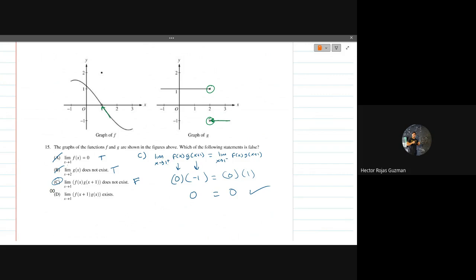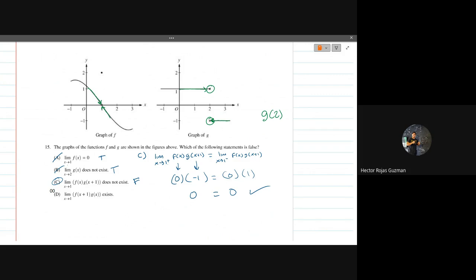Now do it again for the left side. The limit as x approaches 1 from the left for f of x is also 0. Here, follow this arrow. 0. And the limit as x approaches 1 from the left for g of x plus 1. So we're doing g of 2, but from the left side, which is 1. But 0 times 1 is 0.